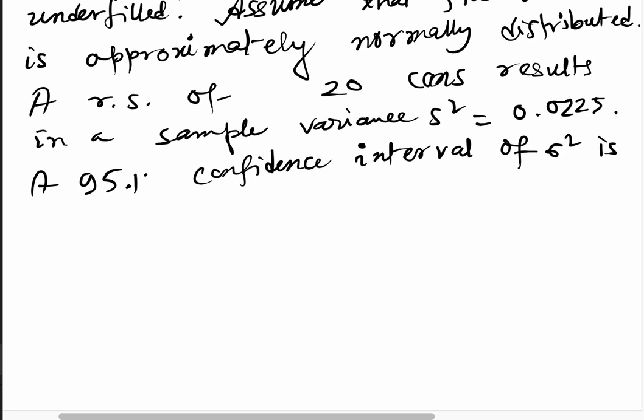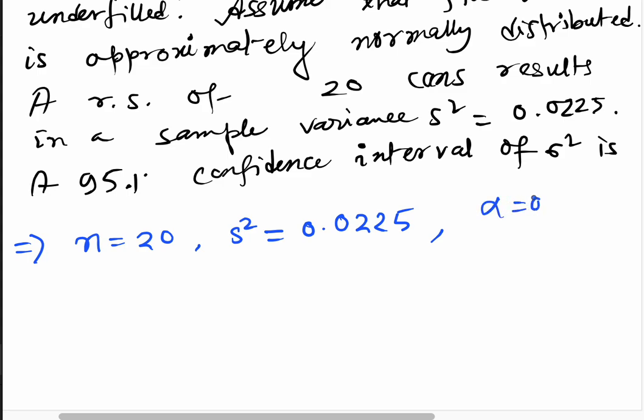We have to find the 95% interval. So here n is equal to 20, s square is equal to 0.0225, alpha equal to 0.05.